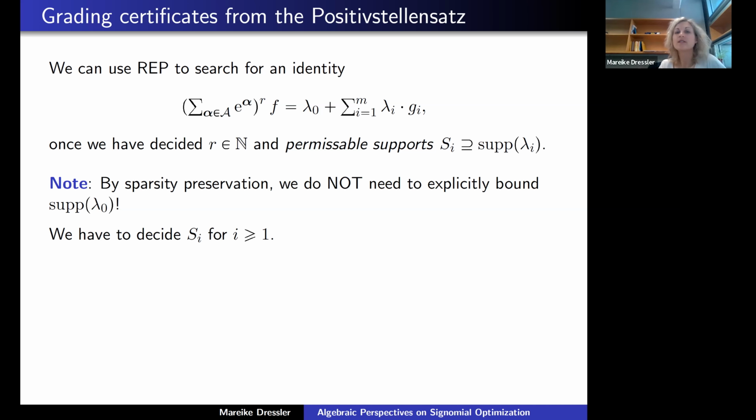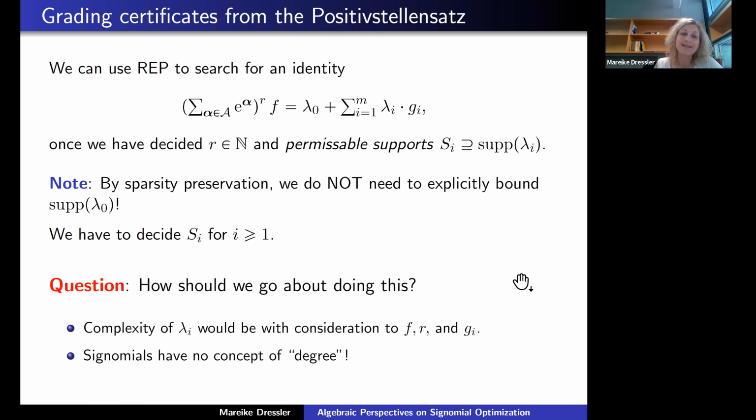Because of sparsity preservation, we know that the support of this X-SAGE is purely given by the support of F. It will be the same, right? So this support will be the same on the right-hand side as on the left-hand side. So we only have to take care of the support of this right-hand side.